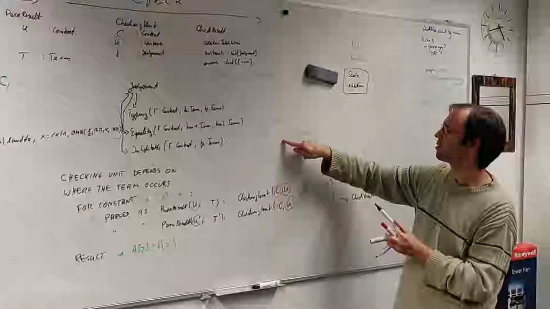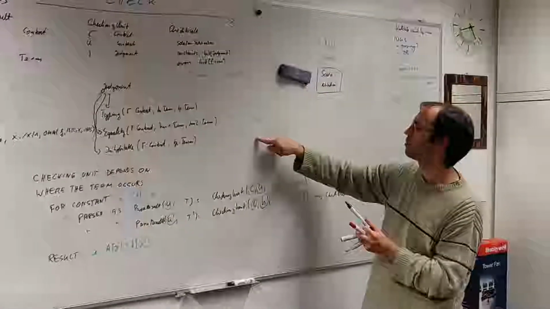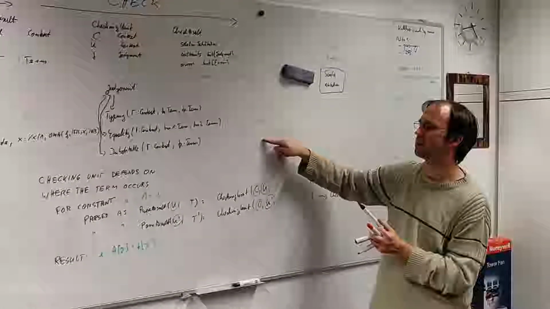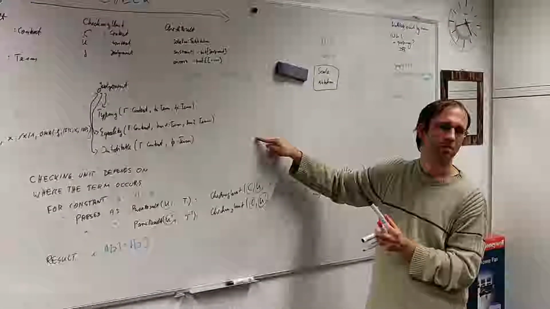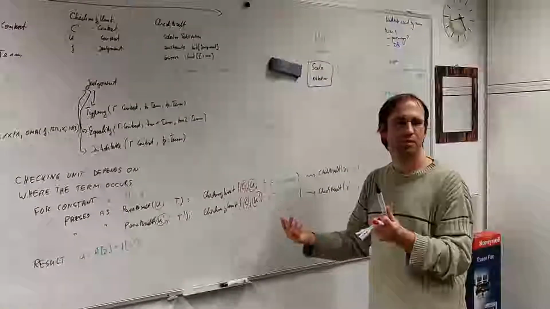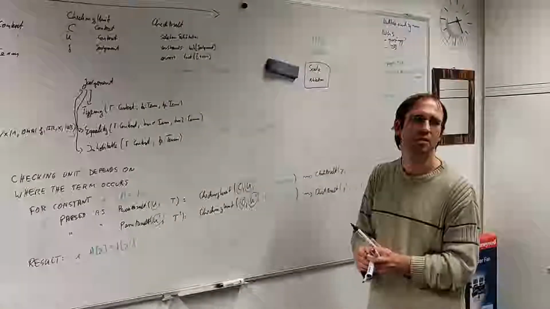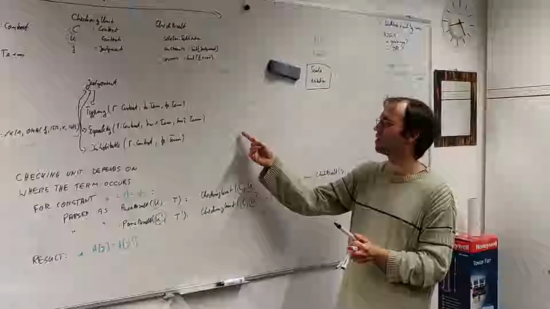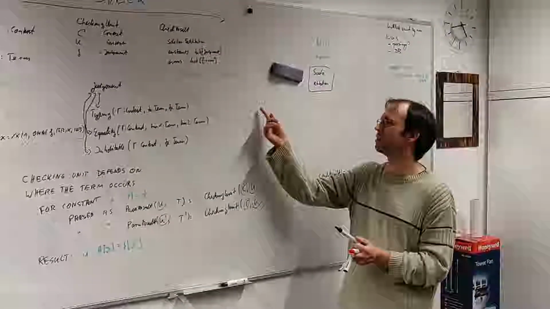And this is a less usual judgment. It's the inhabitable judgment, which means TP is allowed to occur on the right of the colon. You can think of it as TP as a type, except without any foundational commitment to what types are. So it's just that something may have this thing on the right of the colon.